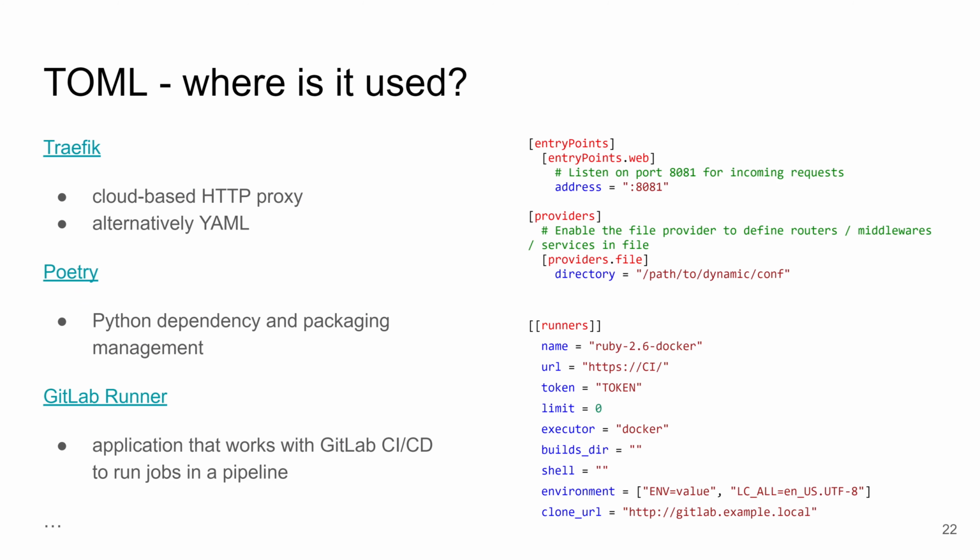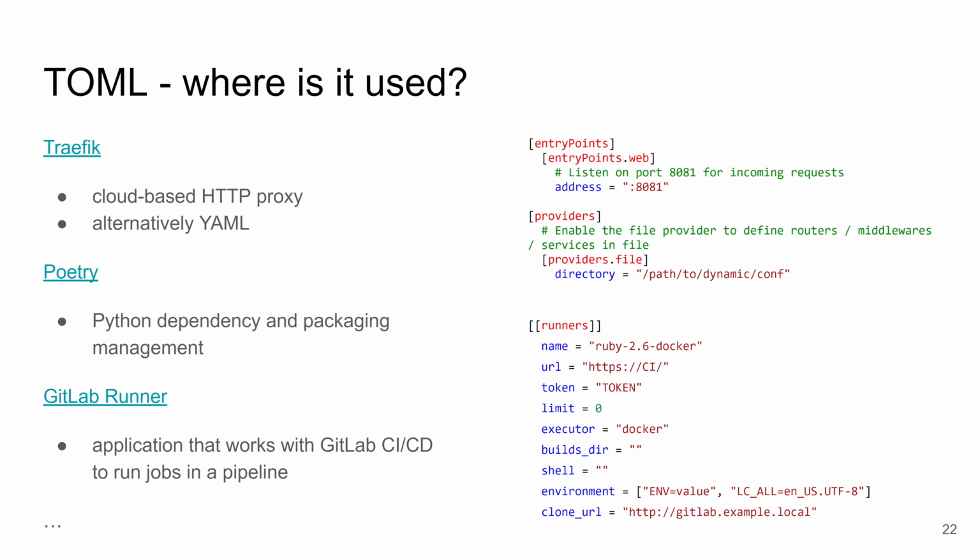Then there is Poetry, which is a Python dependency and packaging management system. Another example is GitLab Runner, where GitLab is the version control system that you probably know. GitLab Runner is the continuous integration and continuous deployment system that runs on top of GitLab, and you can configure it using TOML. An example is in the lower right hand side of the slide.